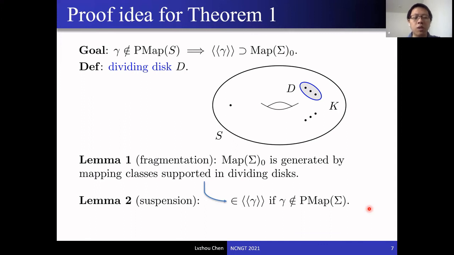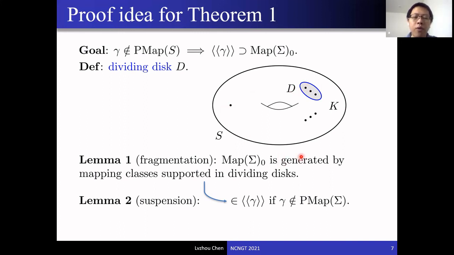So what you do is that you factorize an arbitrary mapping class in the kernel of the forgetful map into mapping classes that preserve more and more structure on the surface S. So you can start out by factorizing an arbitrary mapping class into a product of finitely many mapping classes that each of them fix an arc connecting a point, the puncture, and a point in the Cantor set.